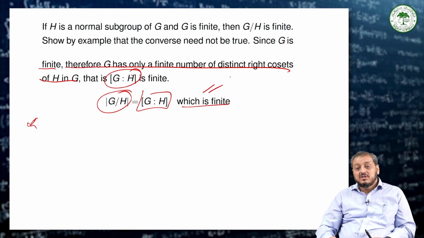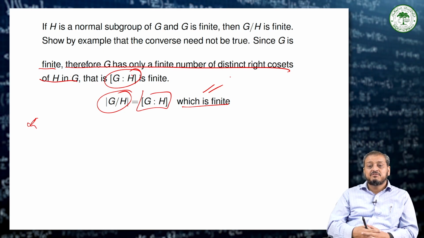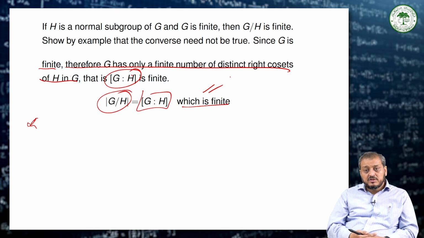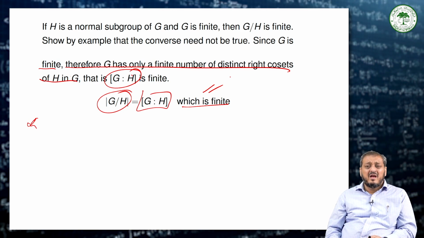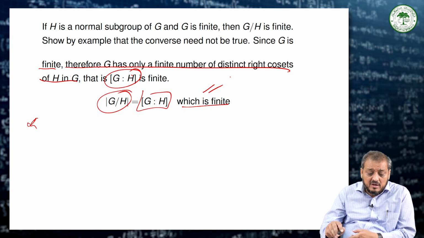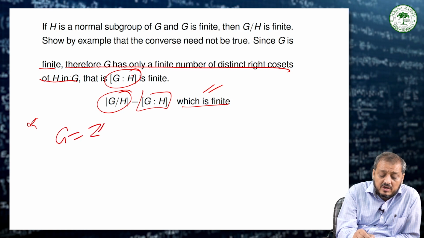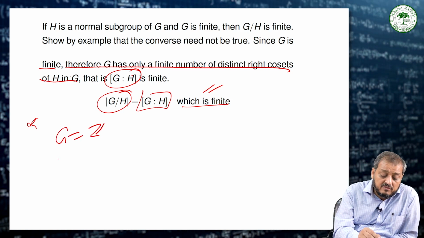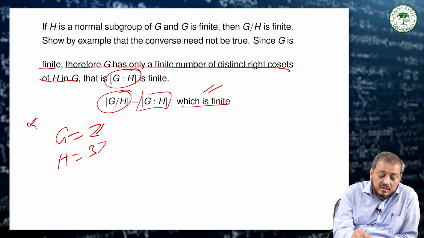Now for the converse, we have to find a finite quotient group G by H for an infinite group G. Take G equal to the set of integers under addition, and take H equal to 3Z.